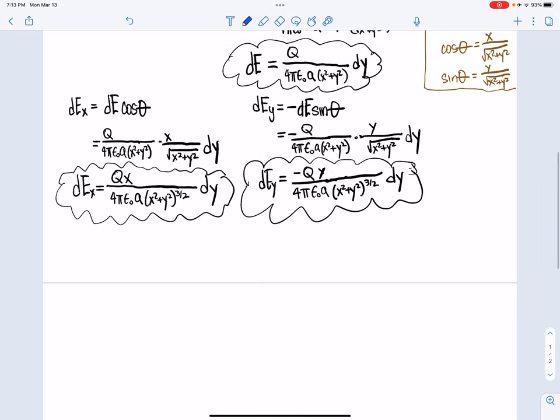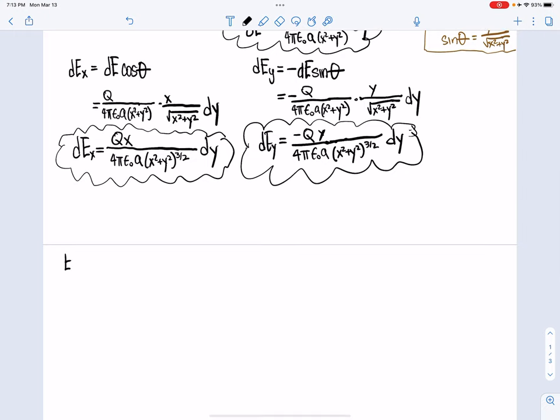All right, so in order to do that, I'll start with Ex, my x component of electric field. I would need to take the integral of dEx. The integral of dEx will give me Ex.